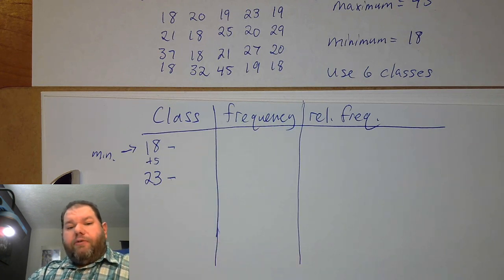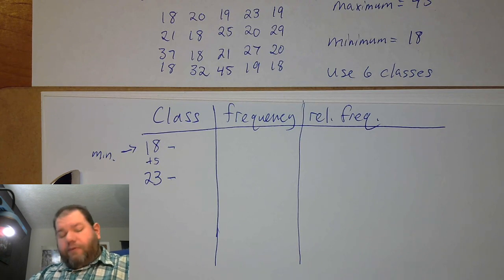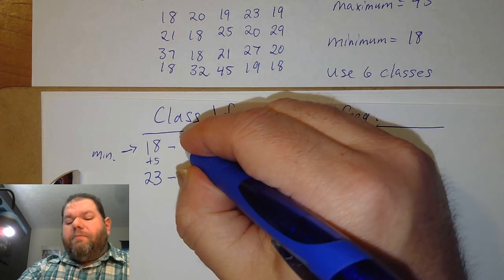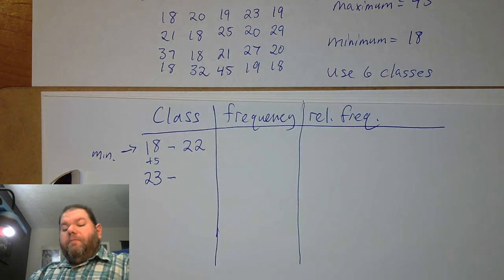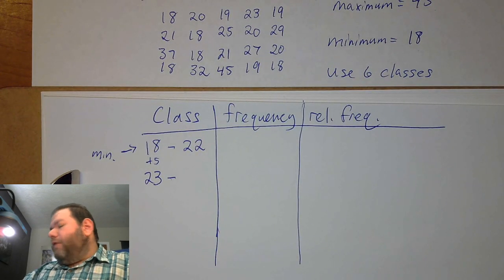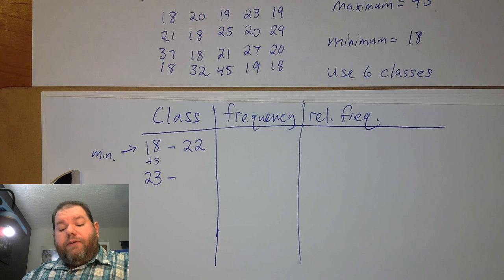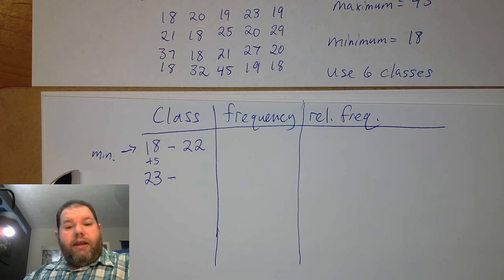What value would the first class end at? 22. Good. So that means our first class will be from 18 to 22. That'll include all the 18 to 22 year olds in this statistics course.